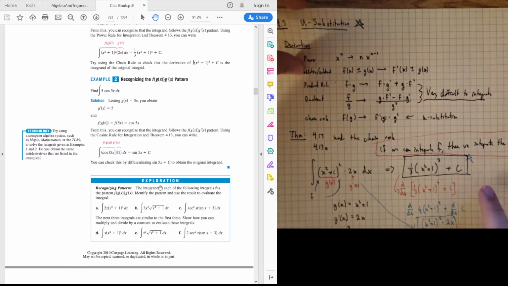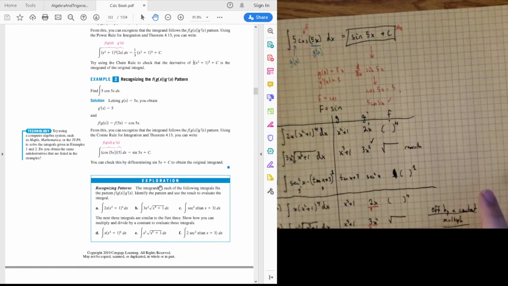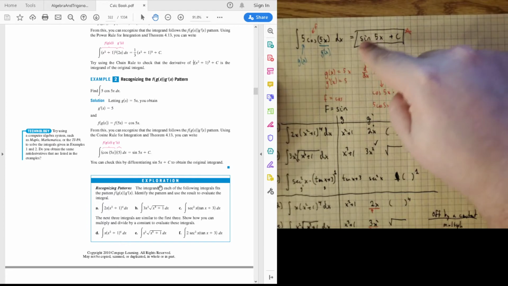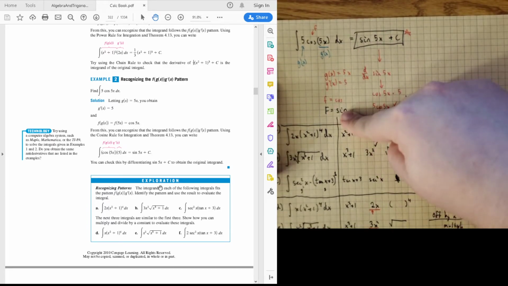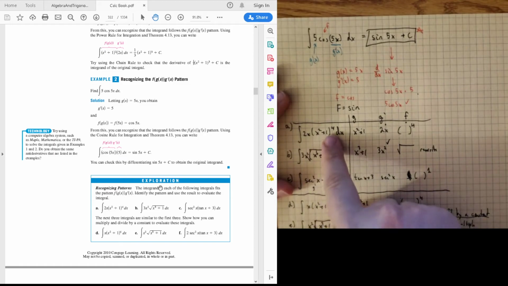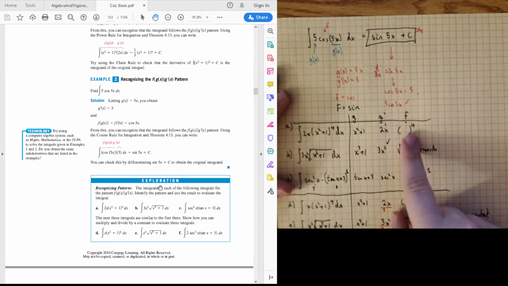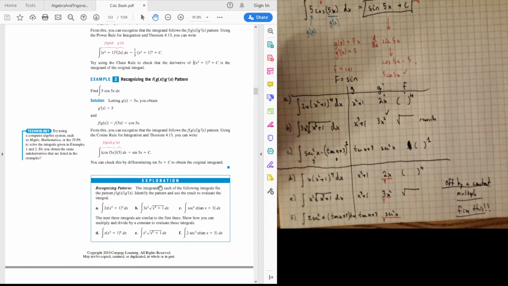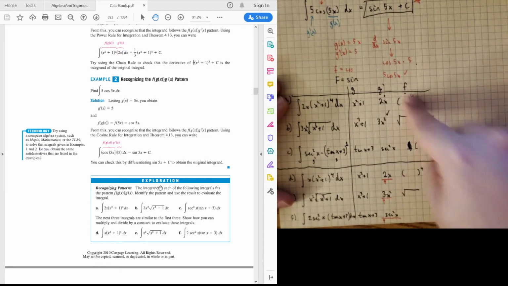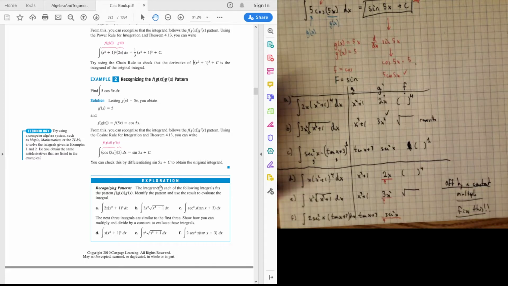We can integrate cosine into sine. We can integrate something to the 4th power. So as long as we can integrate every single thing on this side, we can integrate the entire function, no matter how crazy or nasty it may look at the start. If we see it in this form, we can integrate the whole thing.